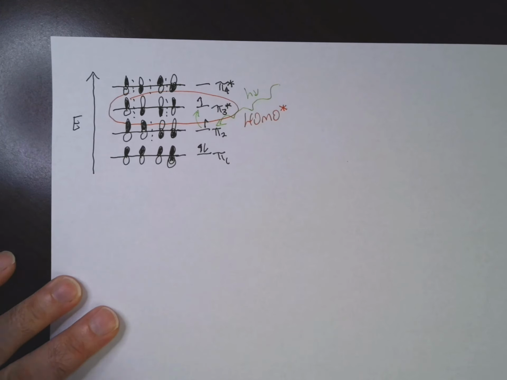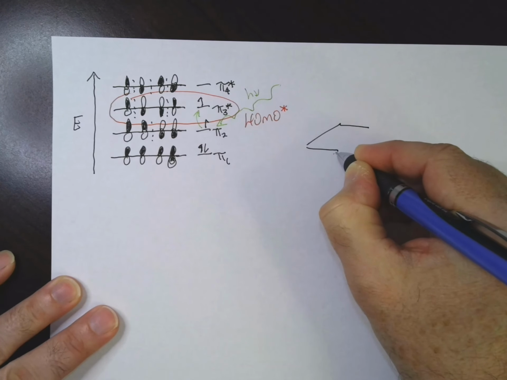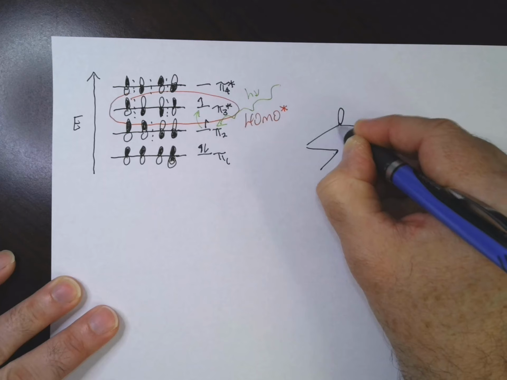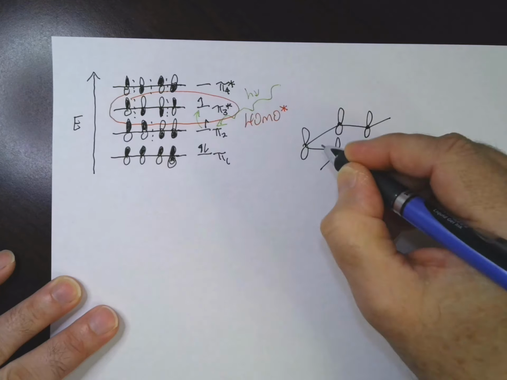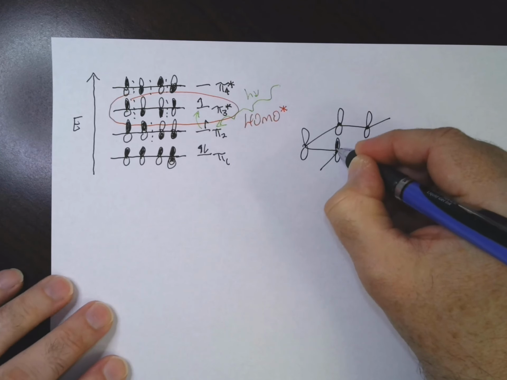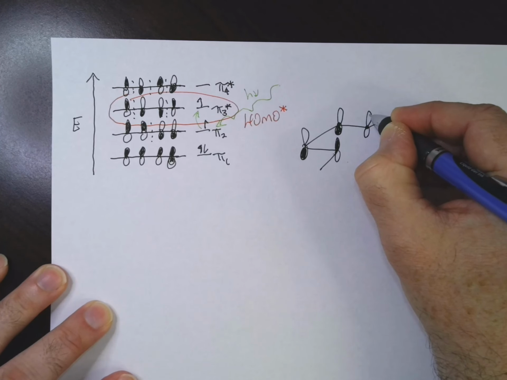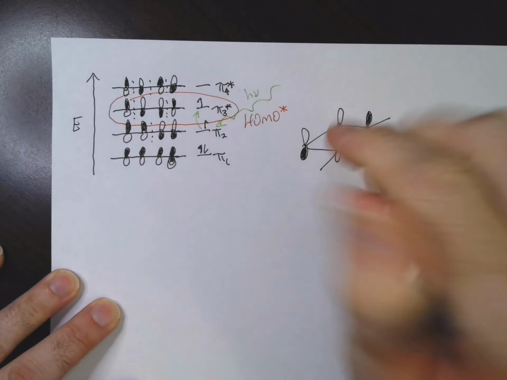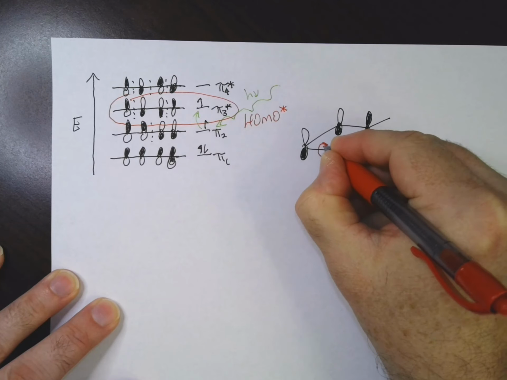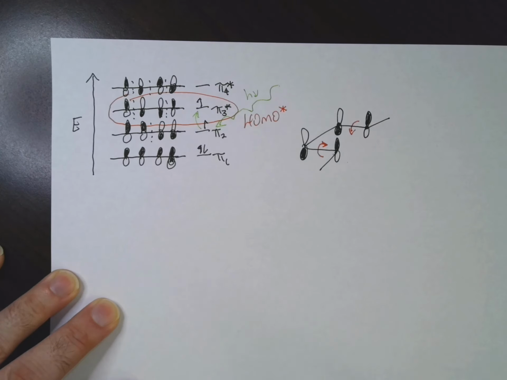So now, with our HOMO star, if I draw my diagram like I did before, okay, I've got, let's see, that guy's up there, then down there, and then my shaded one here is up. So now in order to get this rotation, I'm going to rotate around this bond clockwise, but I have to rotate around this one counterclockwise.